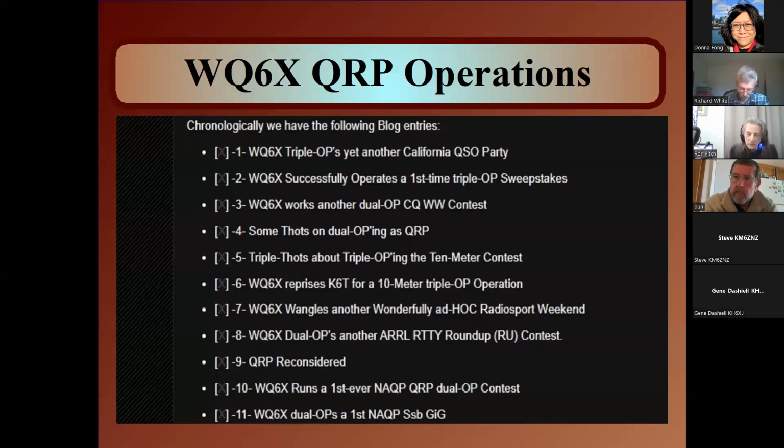Those vertical elements are 120 feet high because a quarter wave for 160 meters is a 120-foot vertical. Then in January this year, I ran the RTTY Roundup QRP. And then the last 2 weekends, I ran the North American QSO Party, and I ran that QRP. So there's a lot of things that can be done QRP.